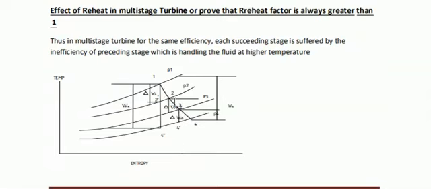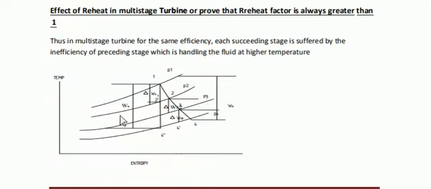Also, whatever this line is, it shows the isentropic work done. What is the meaning of isentropic? Entropy remains constant here. So this is the isentropic work done for the second stage, the isentropic work done for the third stage, and this line shows the actual work done, from P1 to P4.